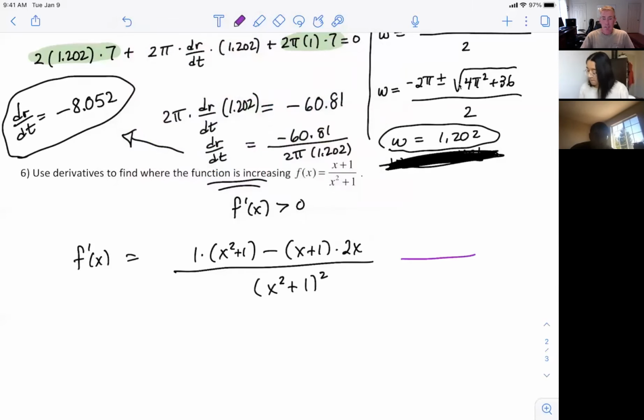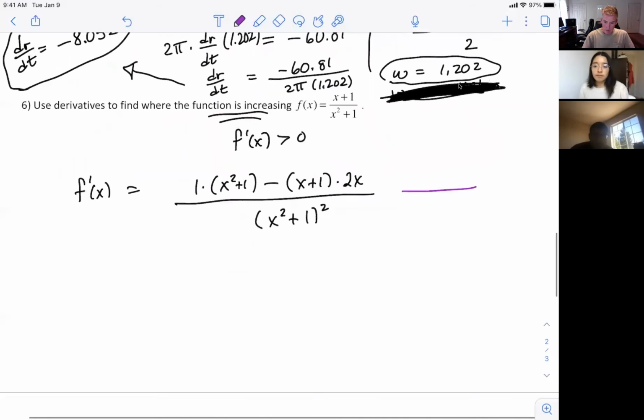Now this little part right here is going to save us some work, because on the bottom, when you square something, it's going to be positive. So if our answer is supposed to be positive, that means we need to know when is the top positive, because the bottom's already positive. So all I really need to do is just take the top part and find out where that's positive.